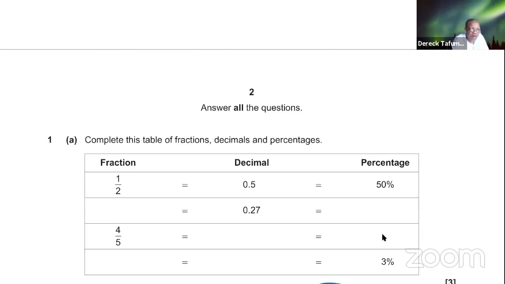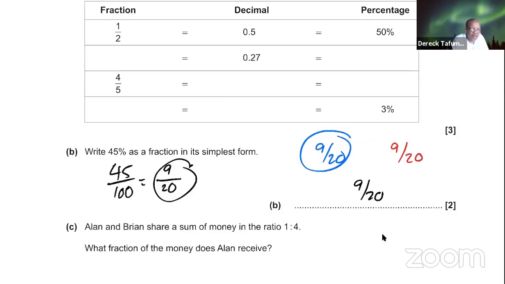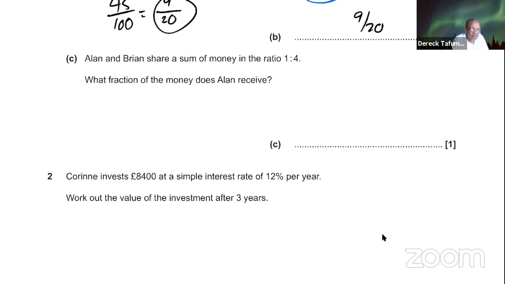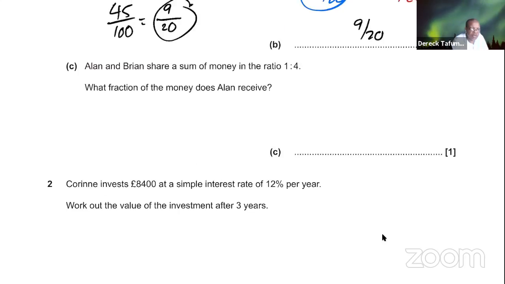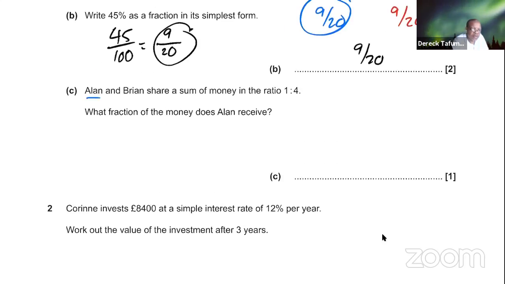Okay, so let's just do one for fun. Alan and Brian share a sum of money in the ratio 1:4. So always start with the total ratio calculation. How do you find the total ratio? You add the two together and you get 5. What fraction does Alan receive?